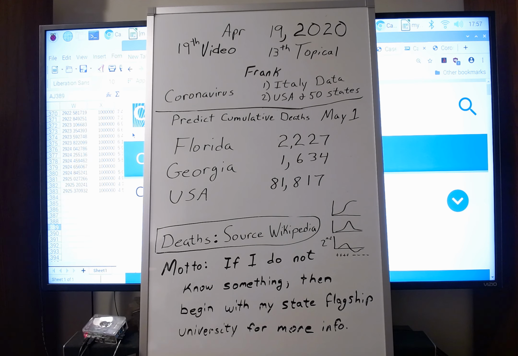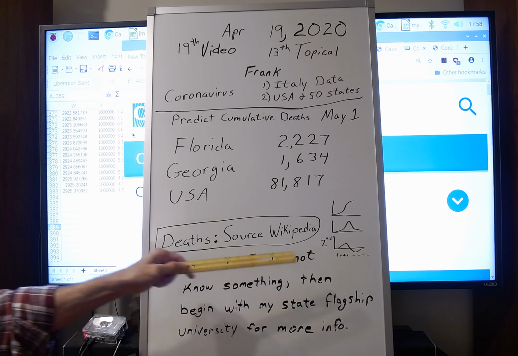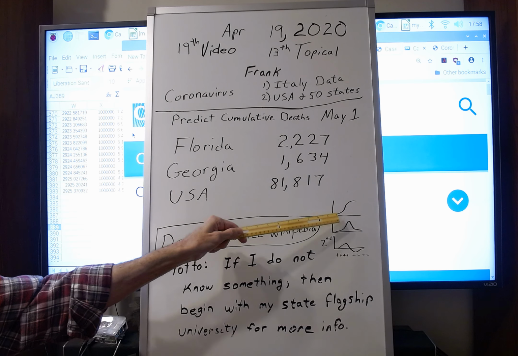Now this, again, this is the sum of the deaths. That's the daily deaths. That's the shape of that curve, and then the second derivative. That's the change. If the second derivative is positive, that's an increasing.